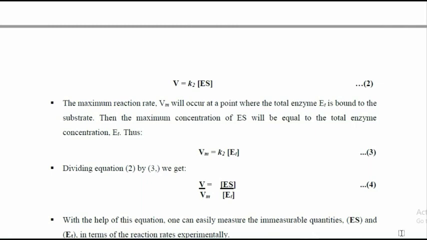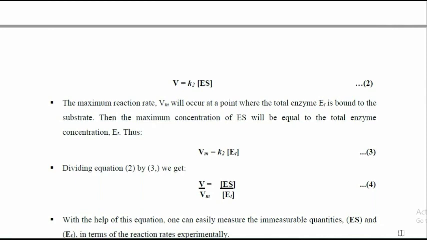So for us to have maximum product formation, the rate at which we have the highest product formed will be directly proportional to the rate at which all the enzymes are being used up in the reaction.